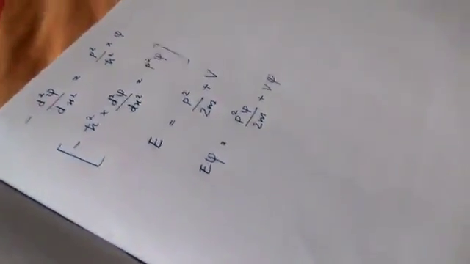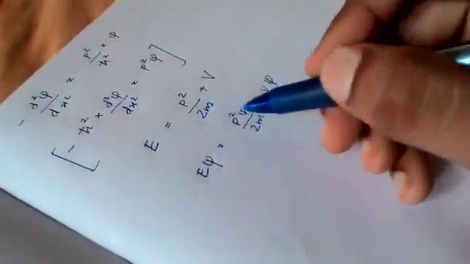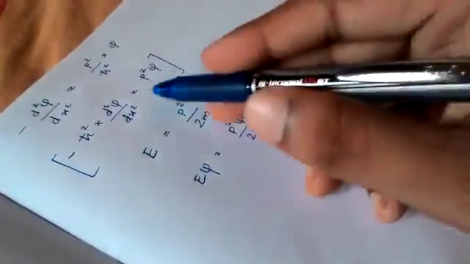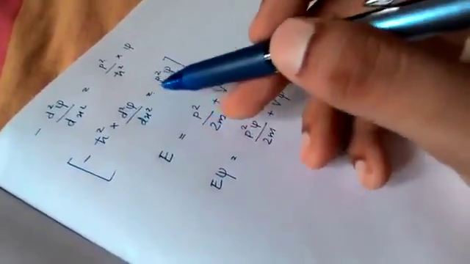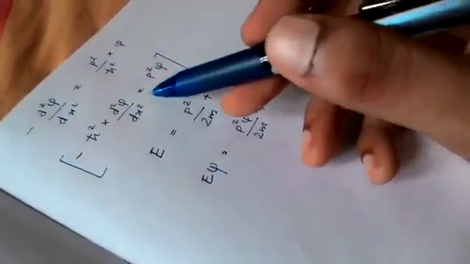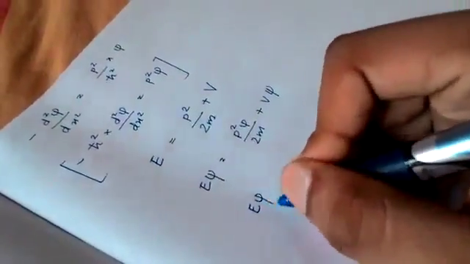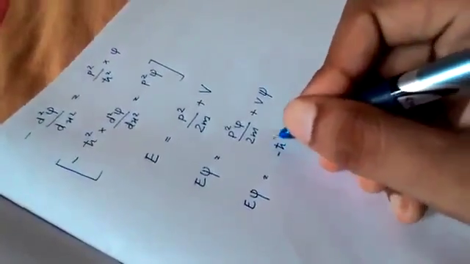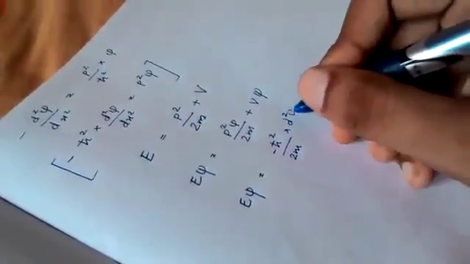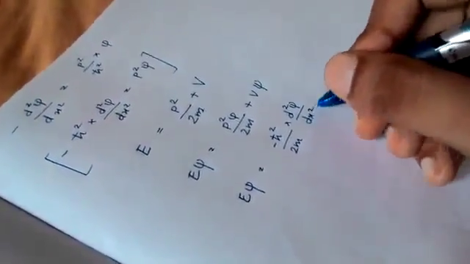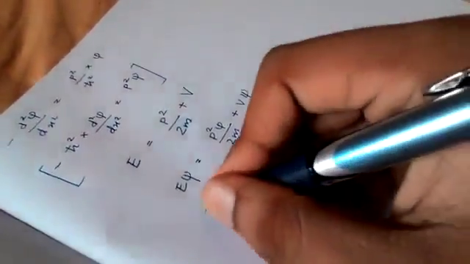Then we substitute the p squared psi value here. We get E psi equal to minus h bar squared by 2m into d squared psi by dx squared plus V psi.